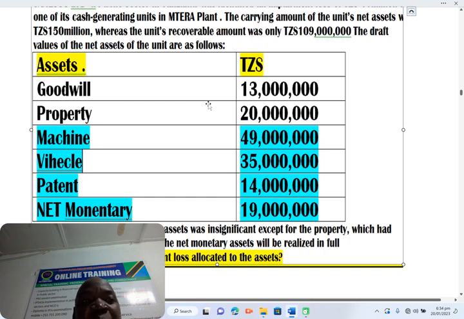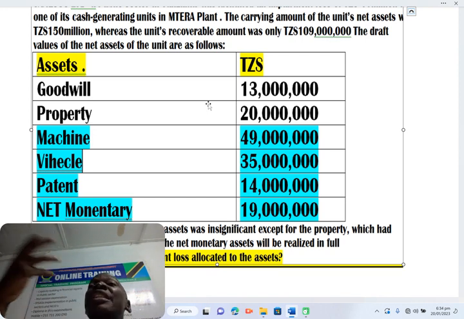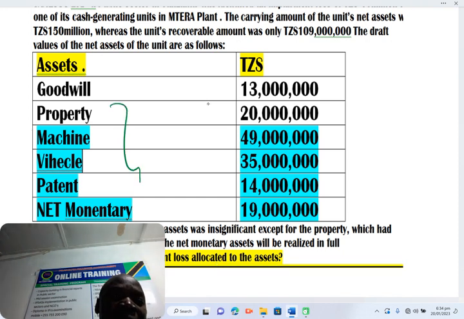Now, the following figures have been produced from the balance sheet. So, we have goodwill, simply because the unit consists of the so-called corporate assets. The corporate assets are the individual assets excluding the goodwill that form the cash generating unit. So, corporate assets here are these assets here. Exactly. These are what we call corporate assets.